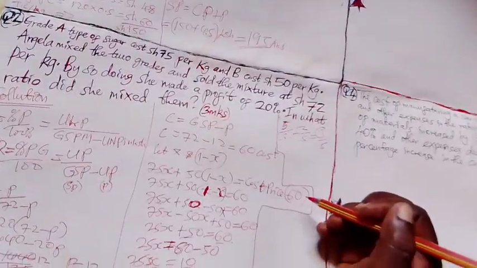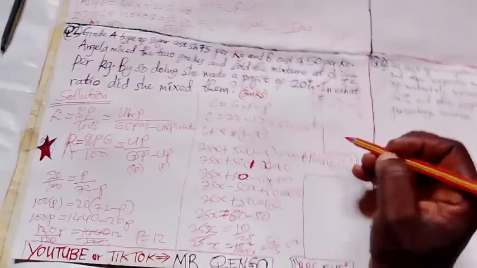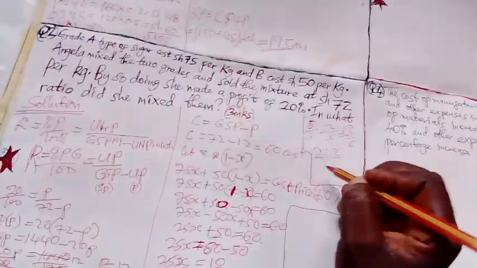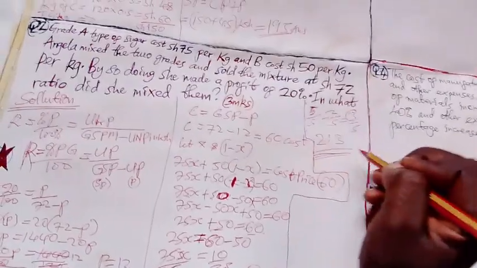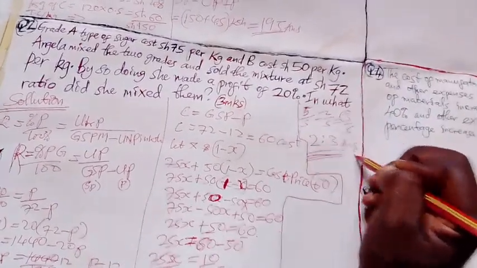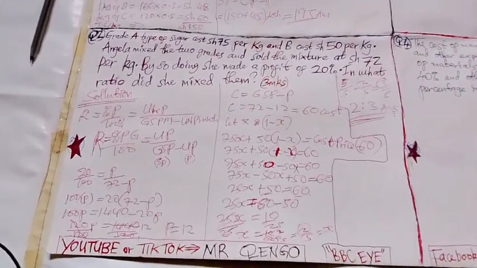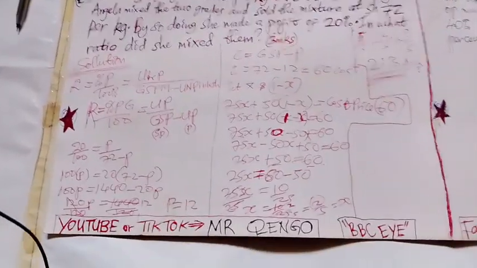The ratio that Angela mixed the two types of sugar was 2:3, and this is the answer for question 2. See our working.